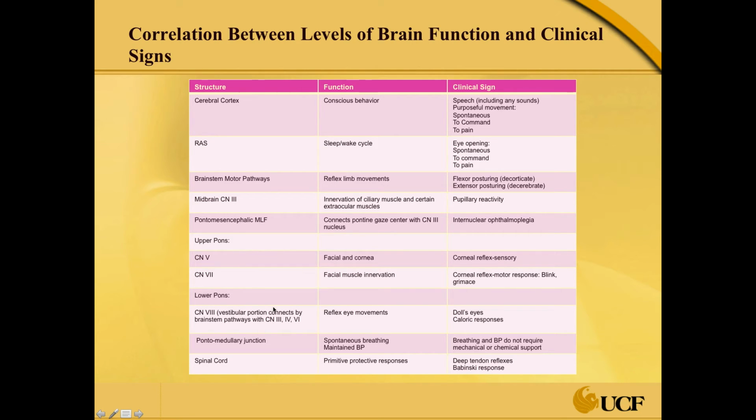And then in the lower pons, these are going to be things like cranial nerve number 8, and then other pathways with 3, 4, and 6, which again are going to be your PERLA and your EOMs, so reflexive eye movements, your doll's eyes, right? So remember what doll's eyes are.